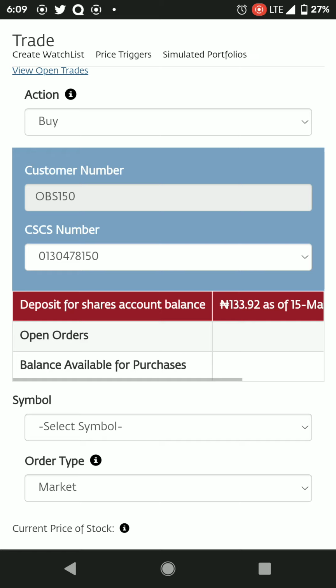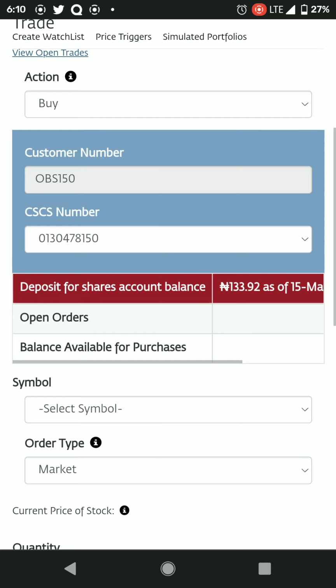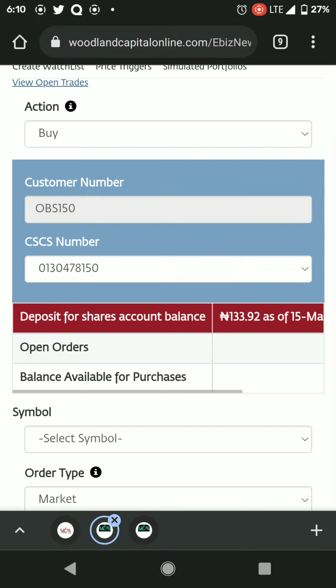You have done some analysis and you believe that the price is likely going to either drop or increase. For whatever reason, you feel, I want to buy this stock, but I don't believe that this price will continue.